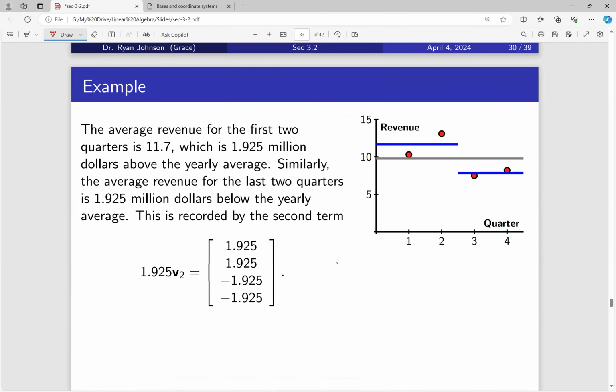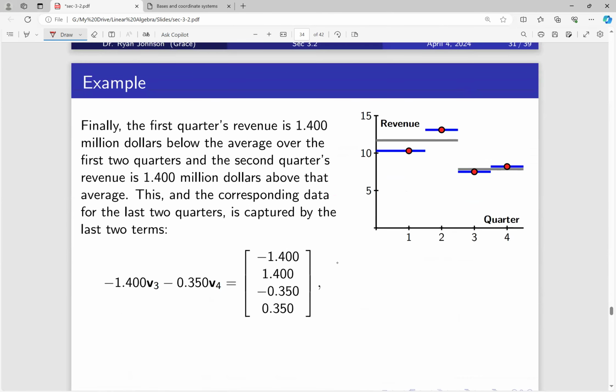Now, once you add this scalar times V2, then you get the change in average revenue from the first half to the second half of the year. And then once you add in the V3 and the V4 with those scalars, then you'll get the change. So V3 is a negative and V4 is a negative, and they're both going up. So that means these become negative to make it go up instead of down.